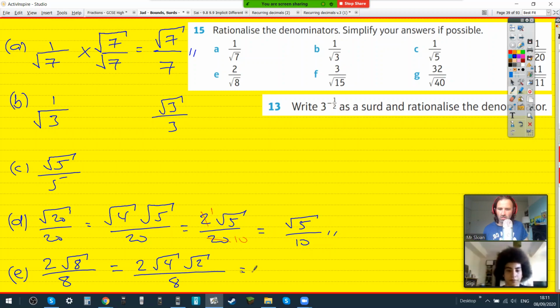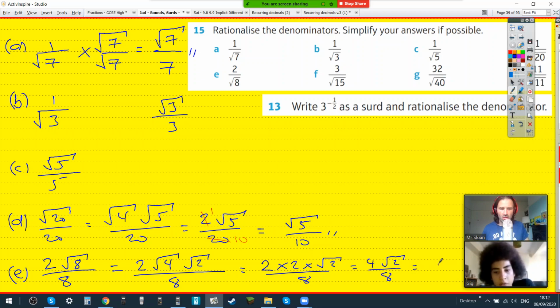So that makes 2 times 2 times root 4 over 8. So it'll be 4 root 4. 4 root 2, I believe. 4 root 2 over 8. Which could be 1 root 2 over 2. Well done. And I'll just leave that as root 2 over 2. Well done. So that's probably the same as 1 over root 2.